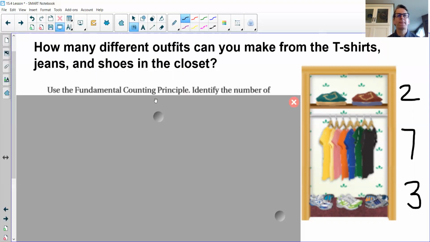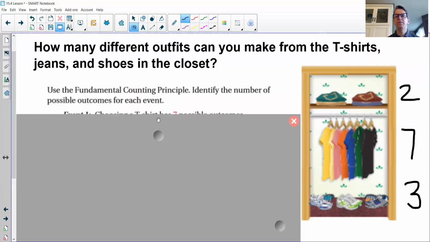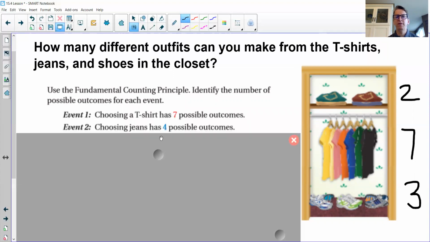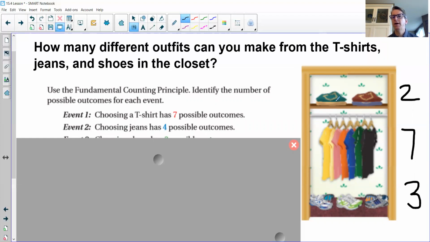So using the fundamental counting principle, let's take a look at each event. We already answered some of these. T-shirts, 7. Jeans, 4. Oops, I thought this was only 1 pair of jeans, but there's actually 4 pairs. Let me just erase that. There's a pair on top of each other, so there's 4 pairs.